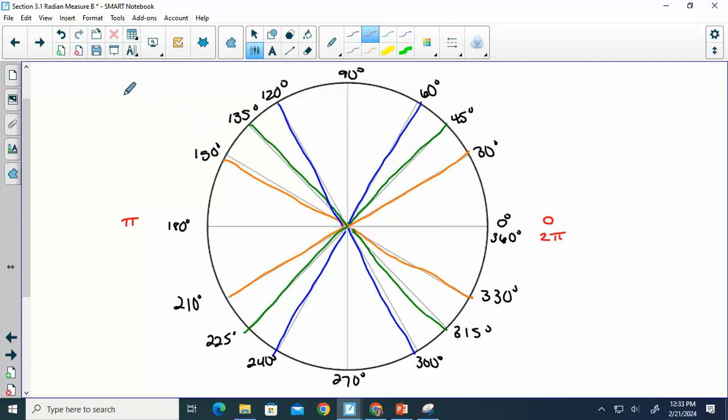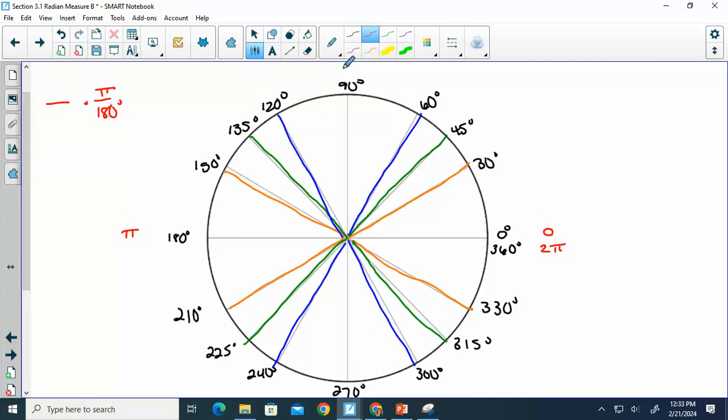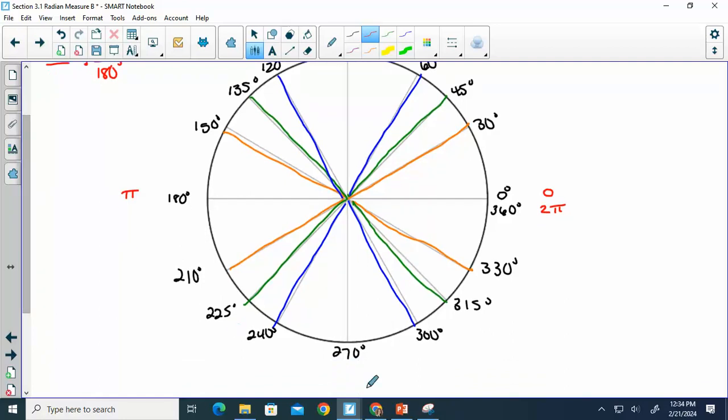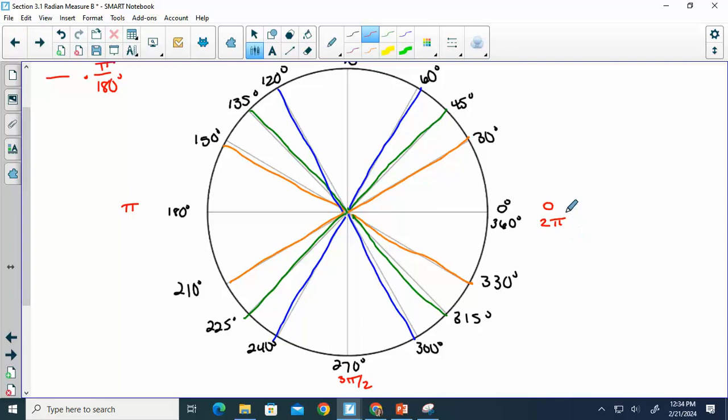We get it by taking our degree and we multiply by pi over 180. So 90 times pi over 180 is... 270 times pi over 180. So this is like 0 pi over 2, 1 pi over 2, 2 pi over 2 is pi, 3 pi over 2, 4 pi over 2 is 2 pi.